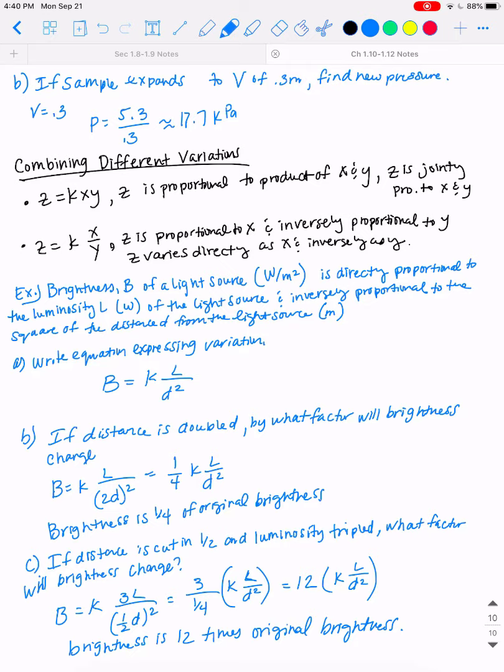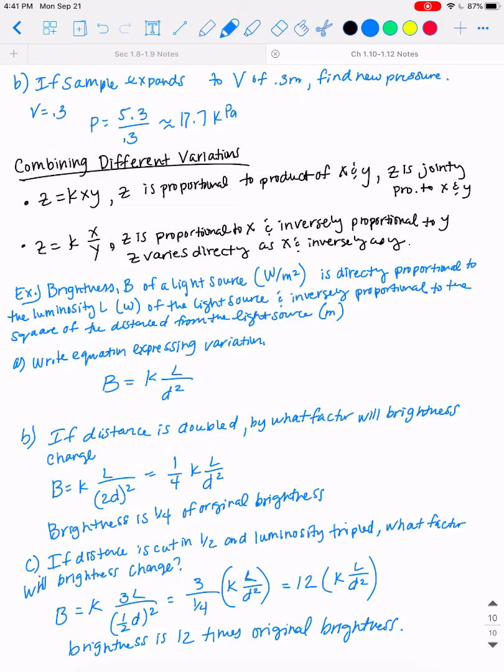Z is proportional to the product of X and Y, so Z is jointly proportional to X and Y. Z equals K times X over Y. Z is proportional to X because they're on the same level, right? Z and X are both on the top. And then it's inversely proportional to Y because Z is on the top and Y is on the bottom. So Z varies directly as X and inversely as Y.